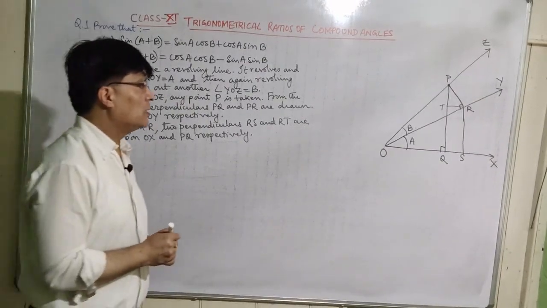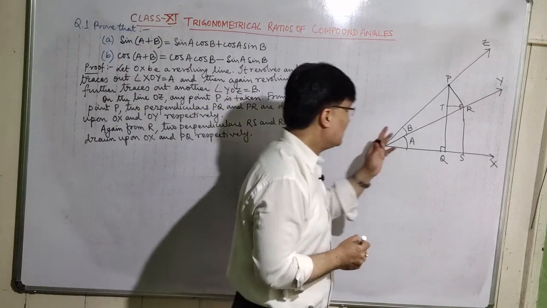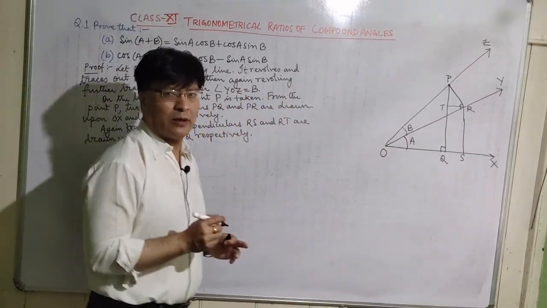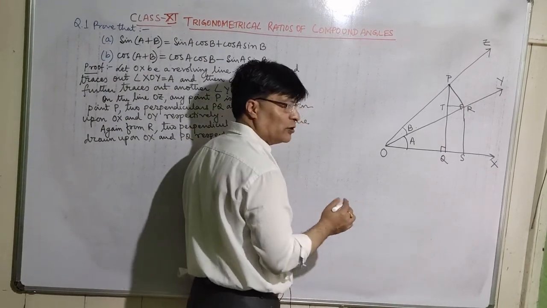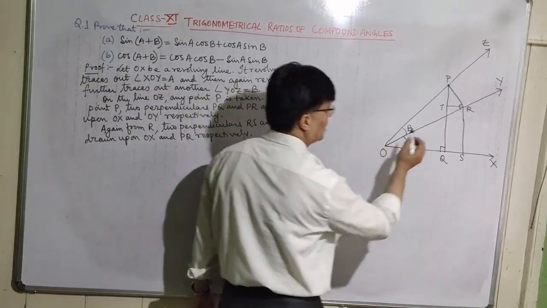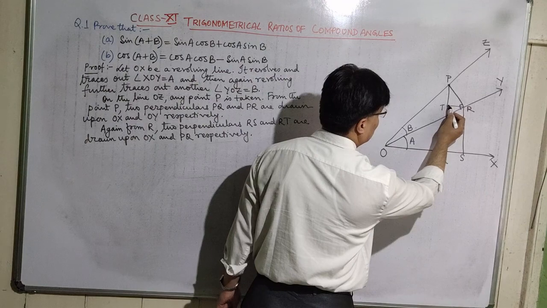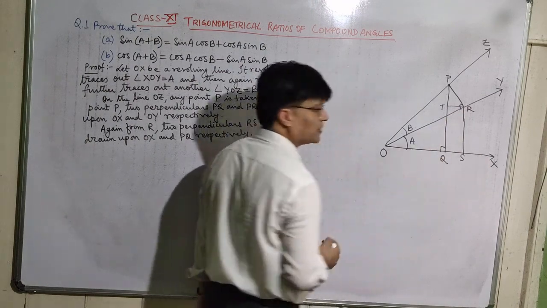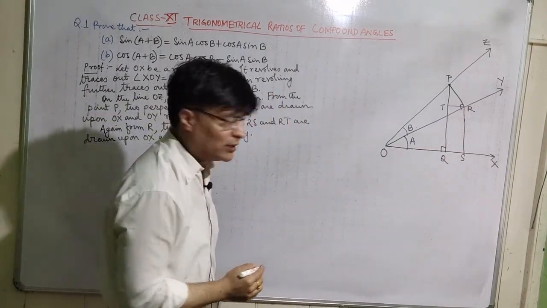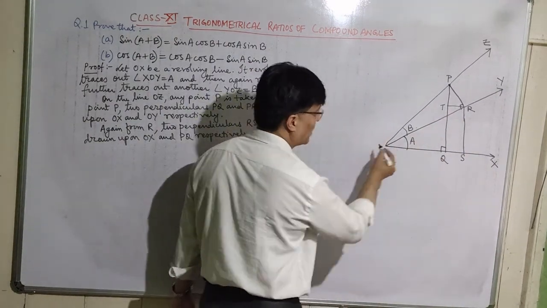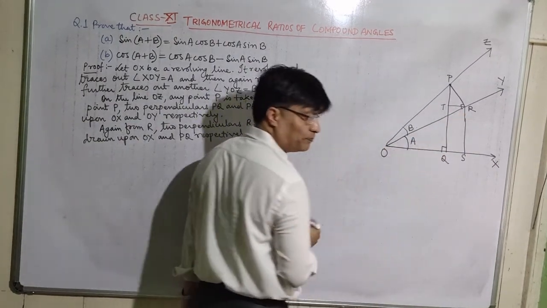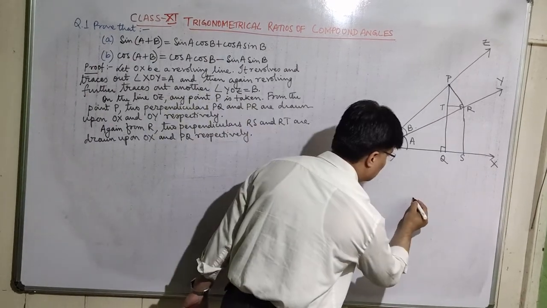Okay. So now in the figure you have to write down some angles out there. So in the figure you know that this TR and this OX, they are parallel to each other, isn't it? This is TR and this is OX, and OR cuts them. Okay, so let us draw it here.